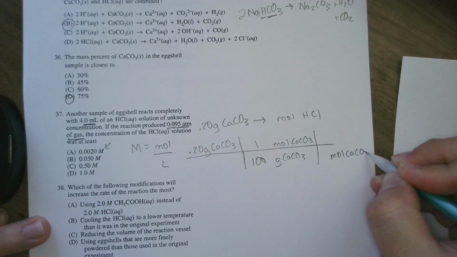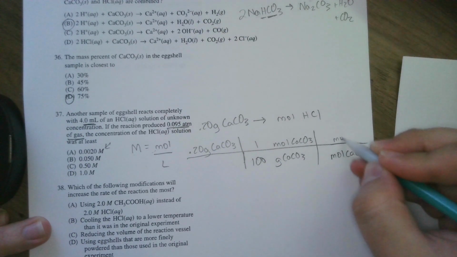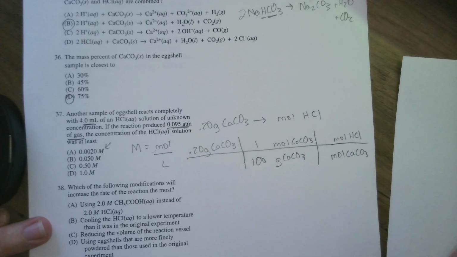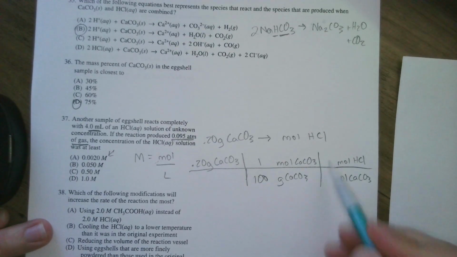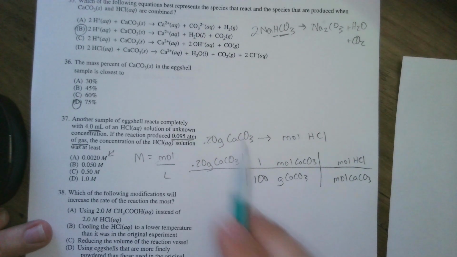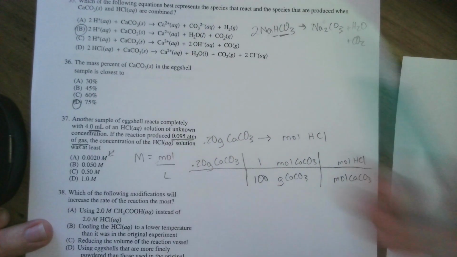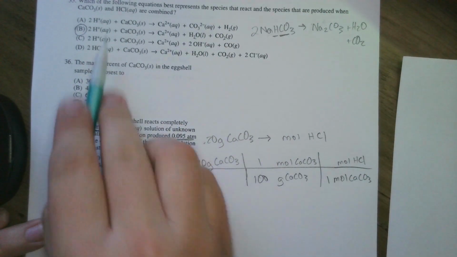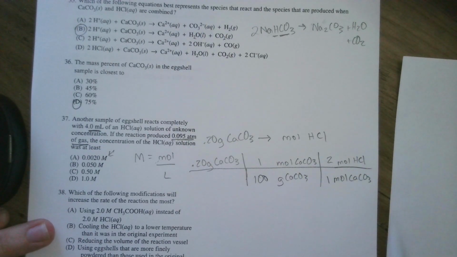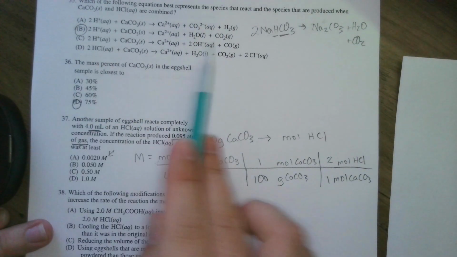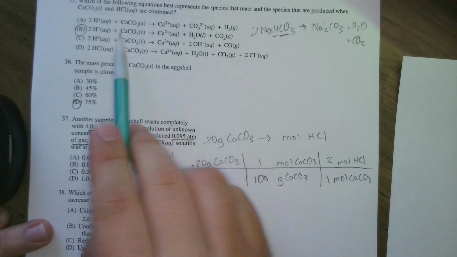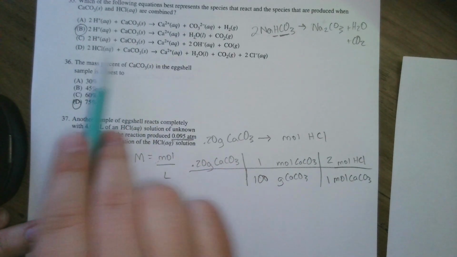Now I'm just going to turn that into moles of HCl. And I need my mole to mole ratio for my reaction up here. So CaCO3's number is a 1. HCl's number is a 2. It's not super fair because if you didn't have this one, you probably wouldn't be able to get this one. But if you do look, every answer choice has that same ratio.